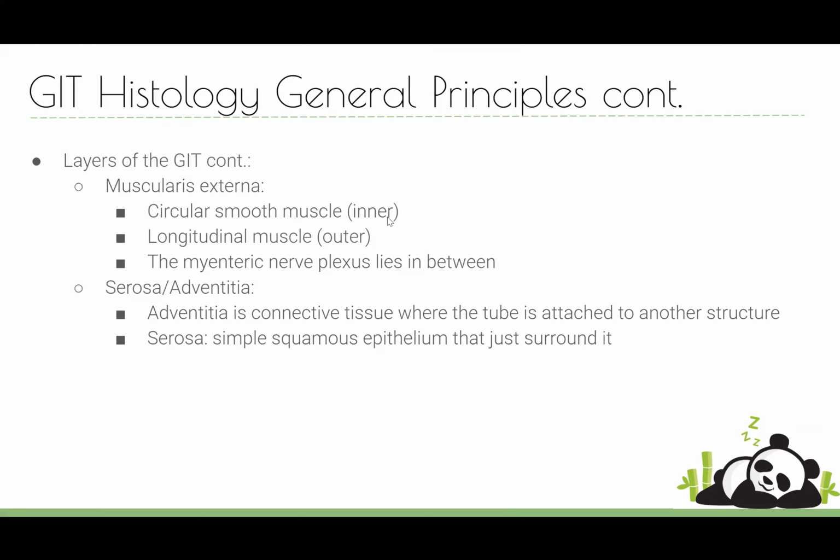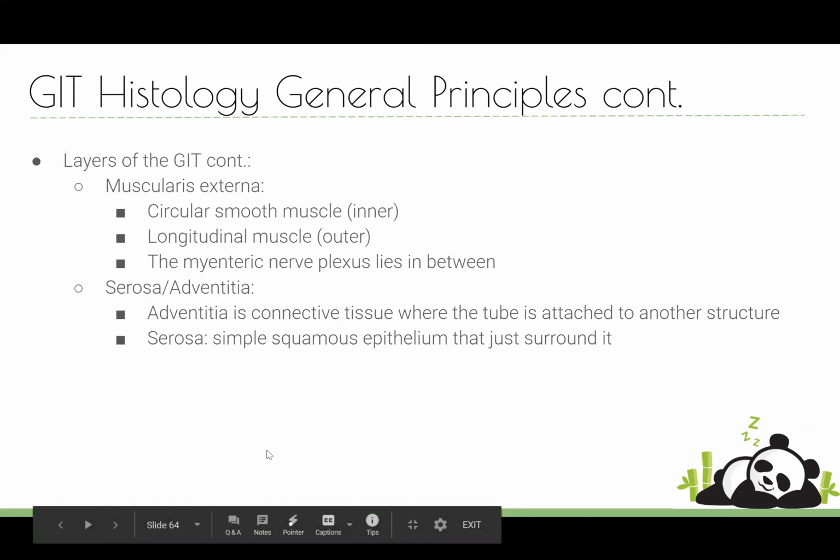The stomach has another layer, but we'll touch upon that in a second. And the myenteric nerve plexus, which hopefully you learn in phys and we'll go through on Sunday, is between these layers. And then there's the serosa or adventitia.